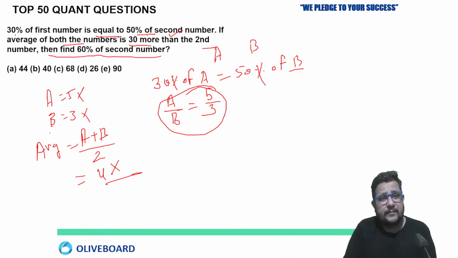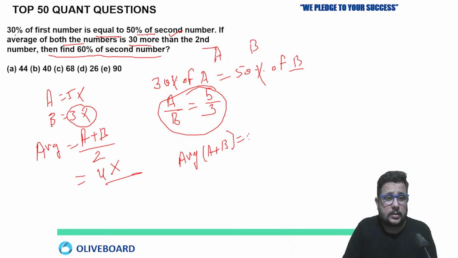Now what is given? The average of both numbers is 30 more than the second. So the average of A plus B is 30 more than the second number. The second number is B, so B plus 30. Very good, Innocent.